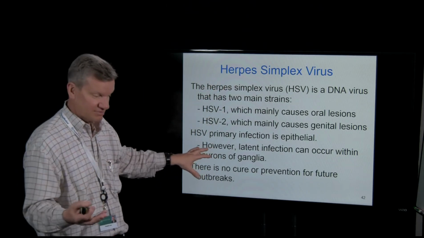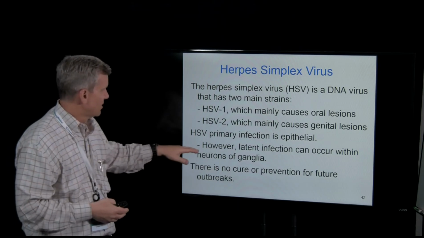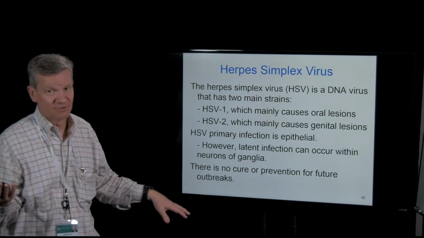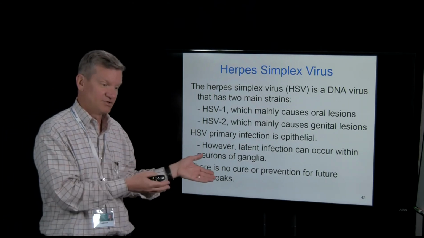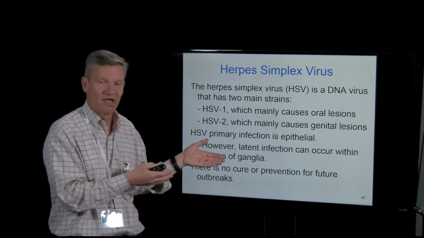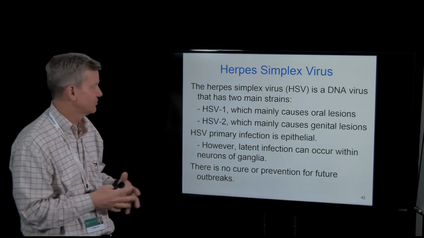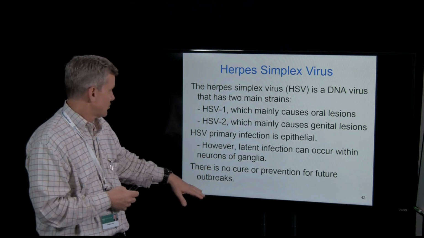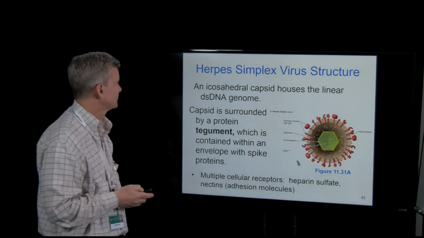It actually replicates episomally in cells. So herpes is forever. Chickenpox, for example, is a herpes virus, which is why you can get shingles, which is chickenpox the second time. So that's a herpes virus. Doesn't have to be HSV1 and HSV2. So, no cure, no prevention for future outbreaks.